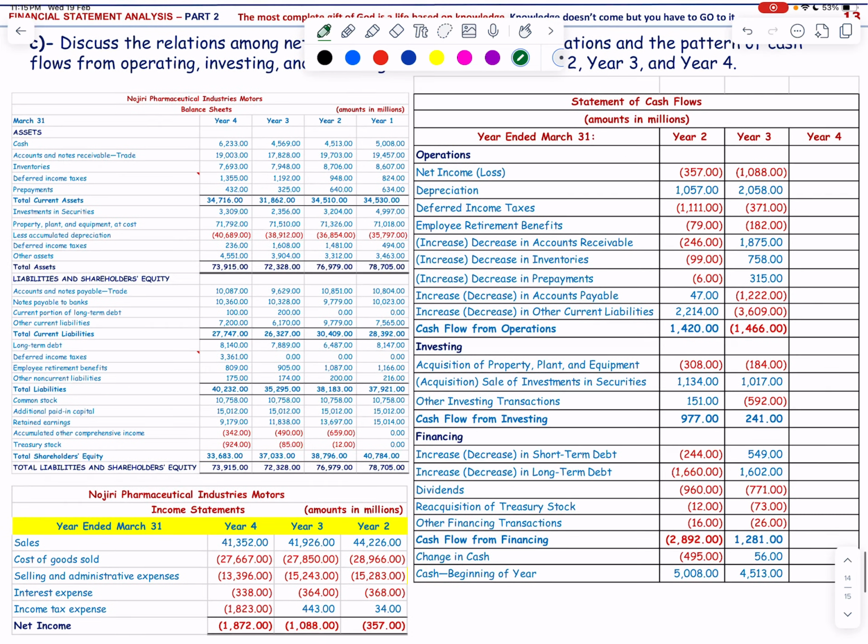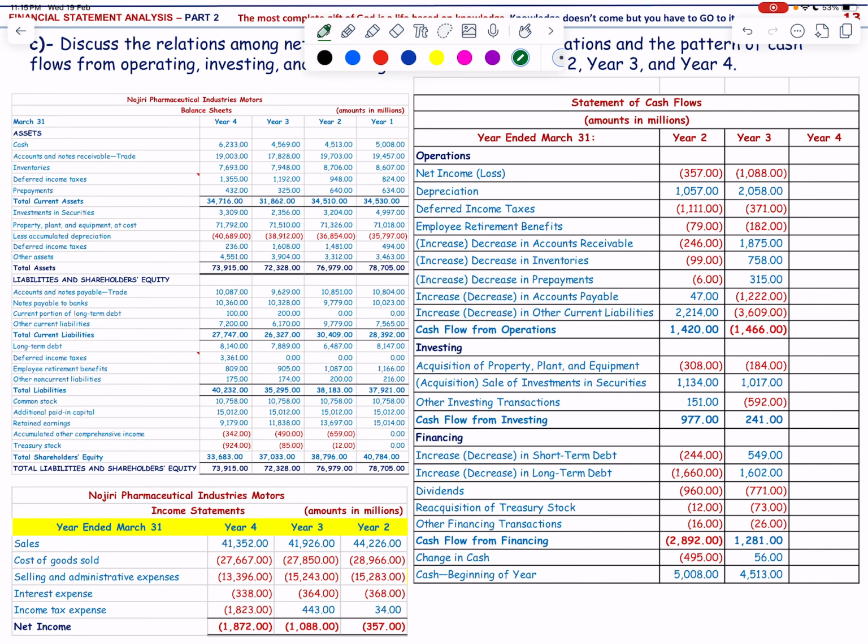And let us look into year number 3. Now, if you look into year number 3, the net loss has deepened as compared to year number 2, and its cash flow from operations has also turned to negative from positive. Now this is mainly driven because there is a decrease in the accounts payable.